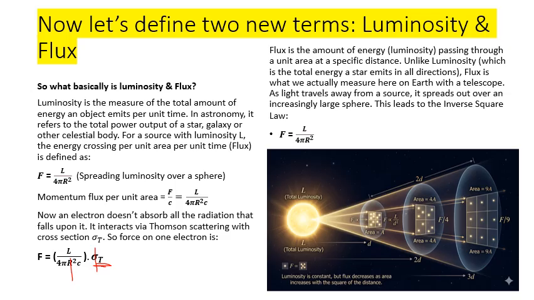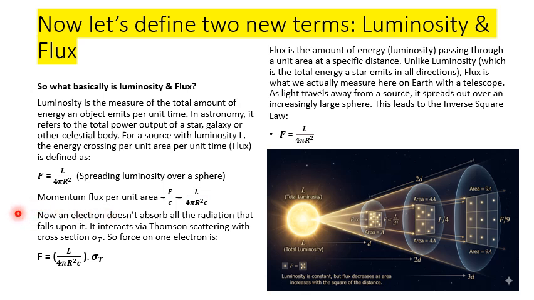So we have the force here. So momentum flux per unit area is this, luminosity divided by 4 pi r square c.